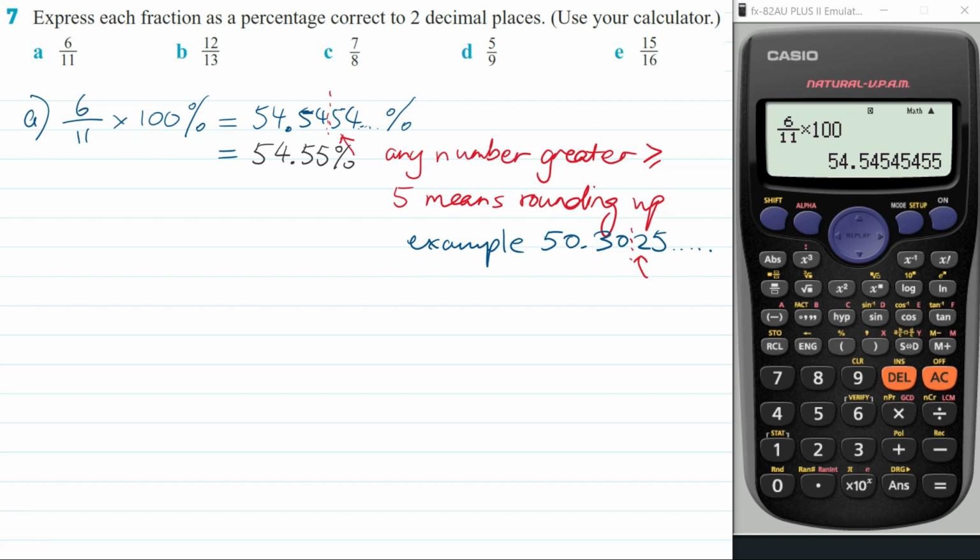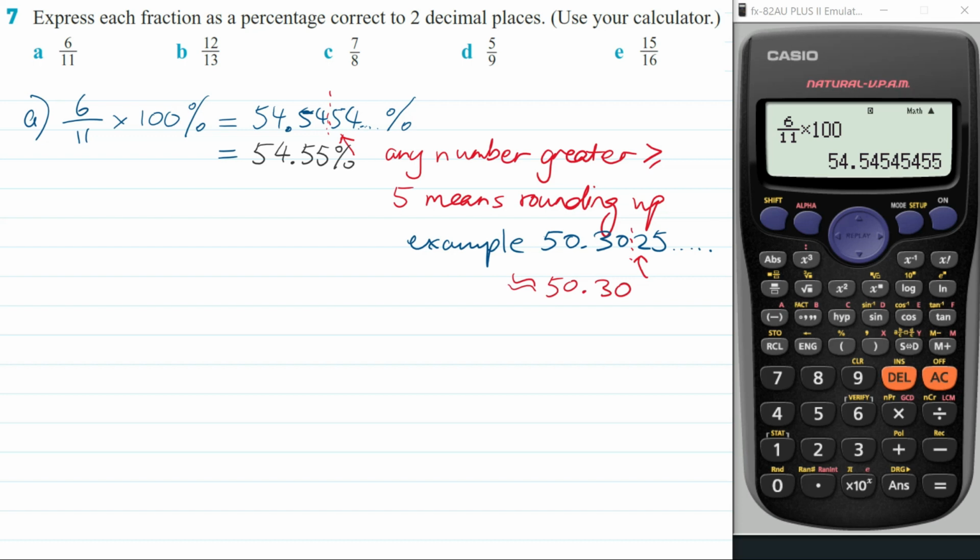So it's closer to the floor of the number, so to speak. Hence, this number here is approximately equal to 50.30. Okay, this is called rounding down, where you're keeping that last digit the same value as previous. Okay, so that is a little bit of a revision on rounding technique. Okay, let's get back to the question.